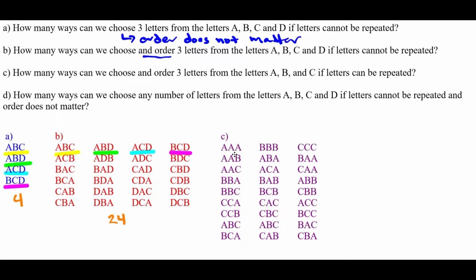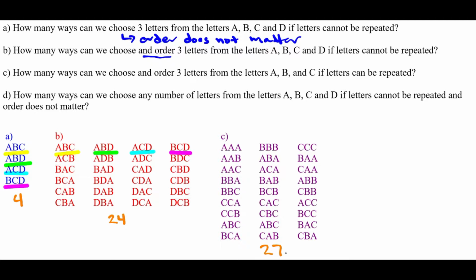We start with A, and then there are combinations with 2 A's, combinations with 2 B's, 2 C's, and combinations involving no repeated letters but involving A. Then over here, we start with all 3 B's, and then different combinations, and then all 3 C's, and some different combinations here. If you look at this, we've got 9 in each column, and we've got 3 columns. So we're going to end up with 27 different options.